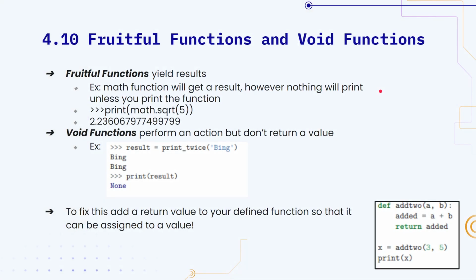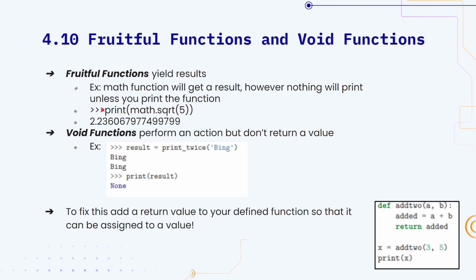Now that you've learned about parameters and arguments, I'm going to tell you about the 2 different types of functions conceptually. First, there are fruitful functions, which yield results. For example, the function math.square_root will give you the result of whatever you tell it to, which in this example is 5. However, nothing will actually print. Nothing will change on the screen unless you make it happen.